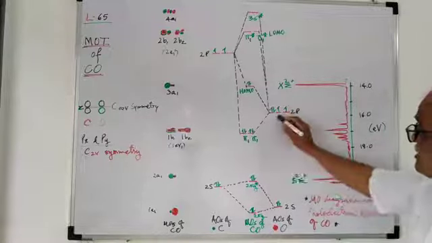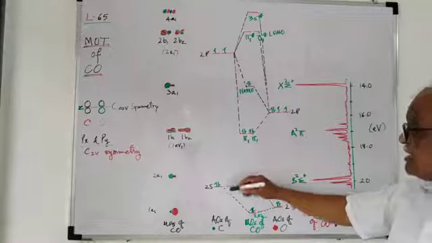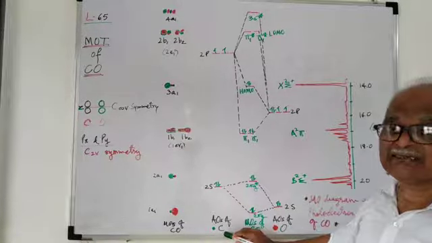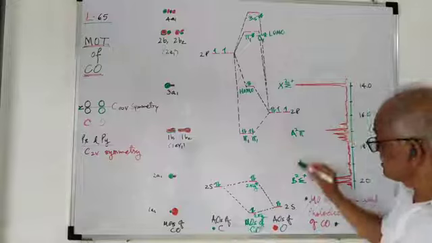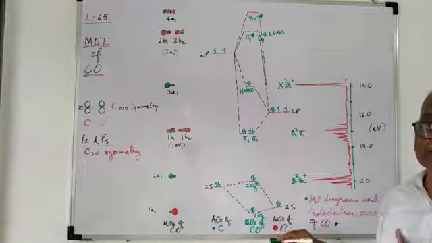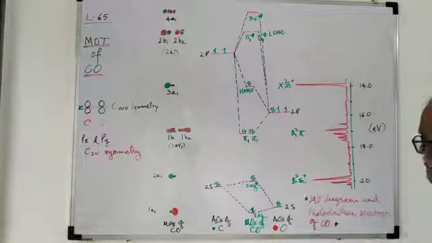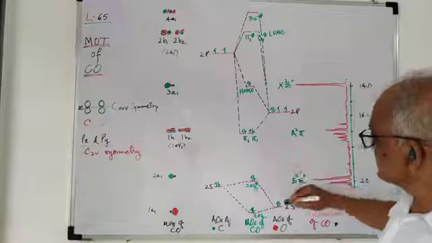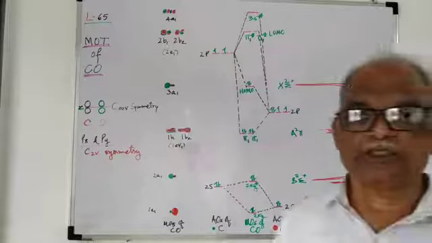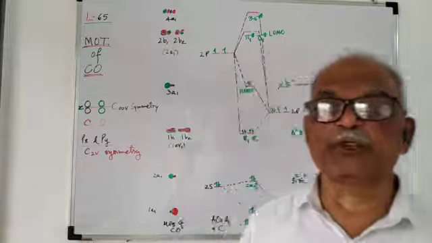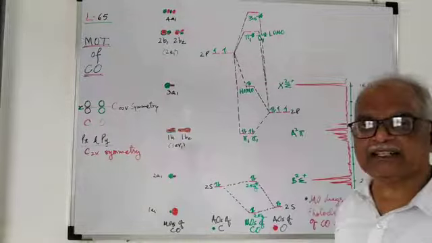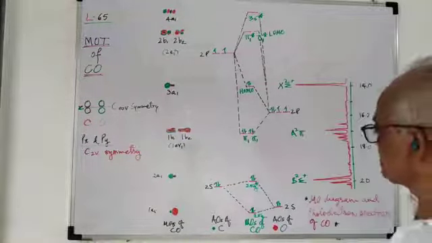The energies of carbon are higher and the energies of atomic orbitals of oxygen lie lower, of the same symmetry. That is why they are not lying parallel, as we saw in the case of homonuclear diatomic molecules, and that is why we say that these are heteronuclear diatomic molecules.